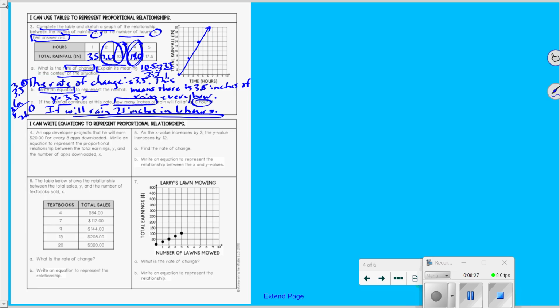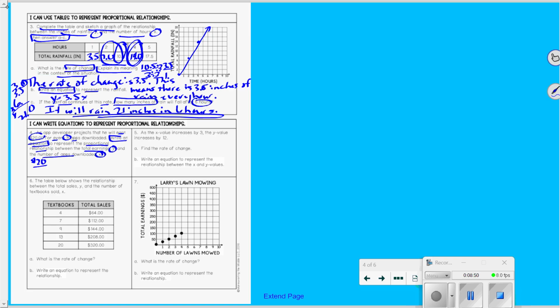An app developer projects that he'll earn $20 for every 8 apps downloaded. Write an equation to represent the proportional relationship between the total earnings Y and the number of apps downloaded X. So that was important because it gave us our Y over X, right? So my Y is what I earned, so that's my $20 that goes on top.